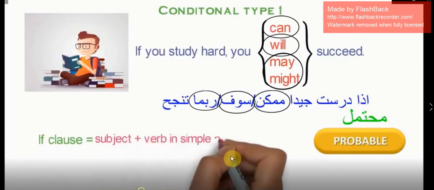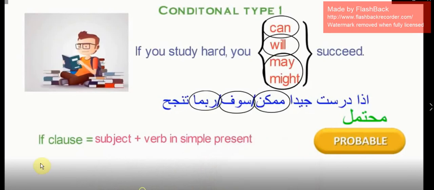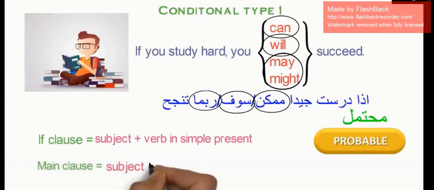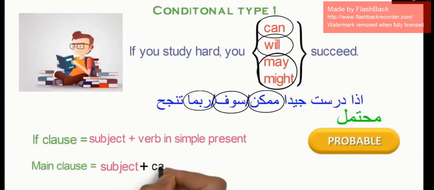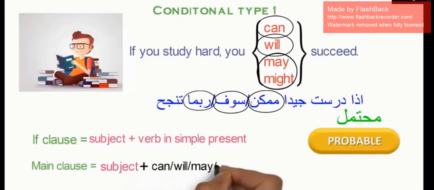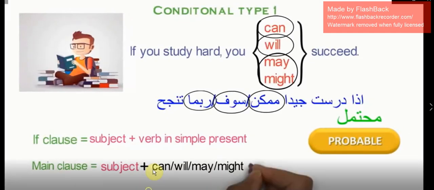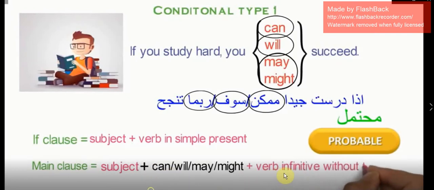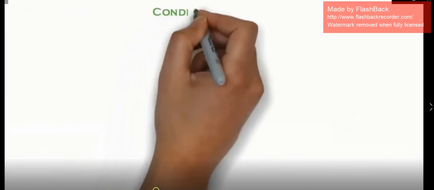Now the rule: if clause, subject, verb in present simple, the main clause, subject, will, can, may, might, plus their infinitive again. Verb infinitive without to. Now let's go to type 2 or the second conditional.